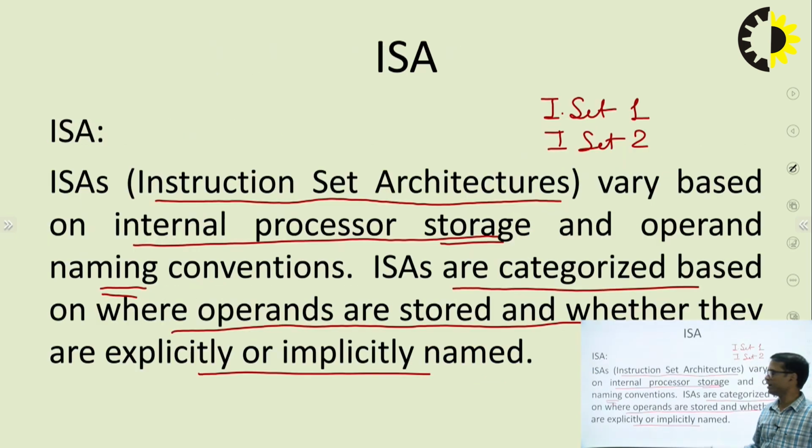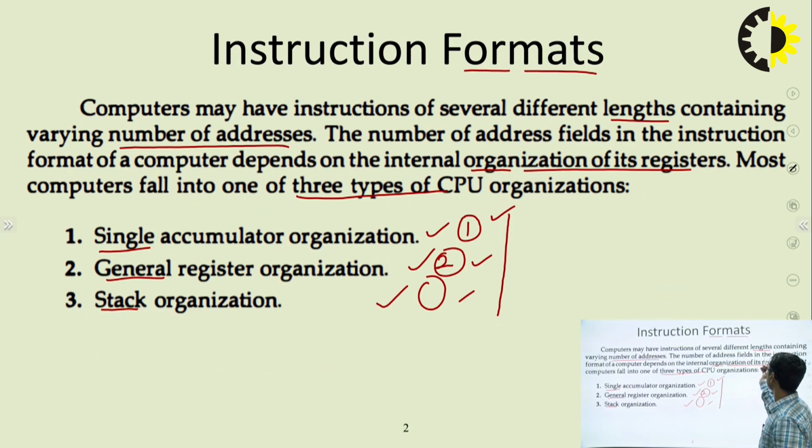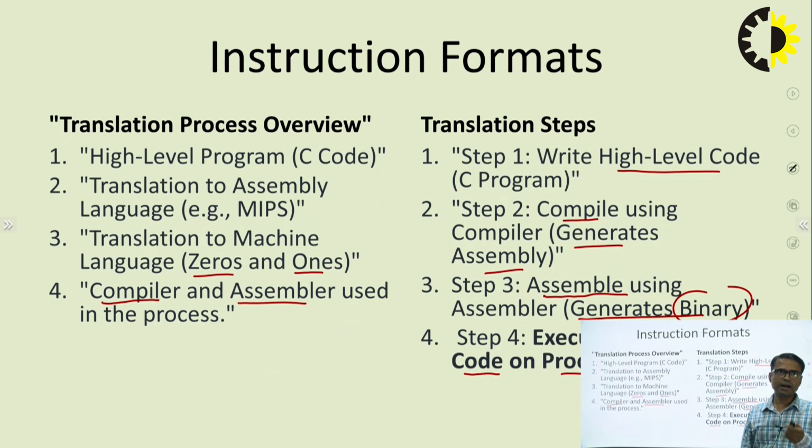The processor uses this machine code to refer to a particular storage, a particular operation, or the address fields needed to execute a particular instruction. So ultimately the instruction format totally depends upon the final machine code, which is the output of the translator and assembler for a particular processor. For a different processor, it will be different.